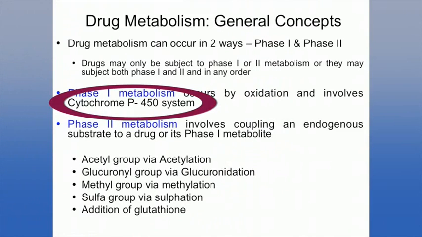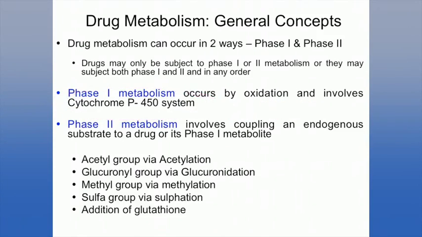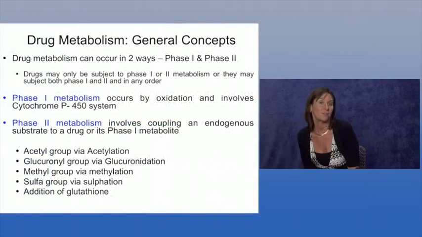And I would strongly recommend that you remember that term, the cytochrome P450 system, also sometimes referred to as CYP for short. Phase 2 metabolism involves coupling an endogenous substrate to the drug or to the phase 1 metabolite.